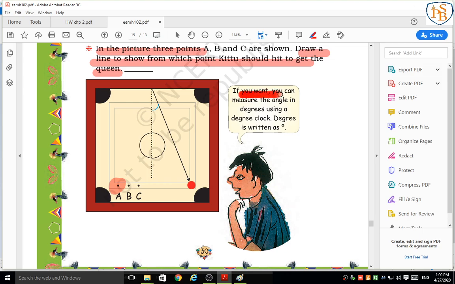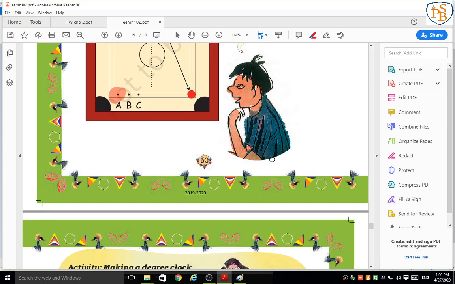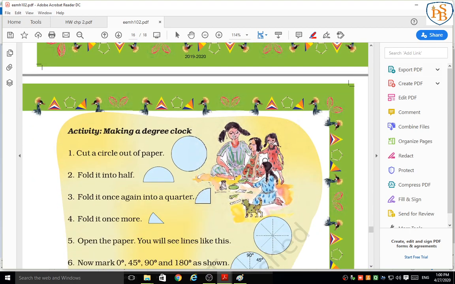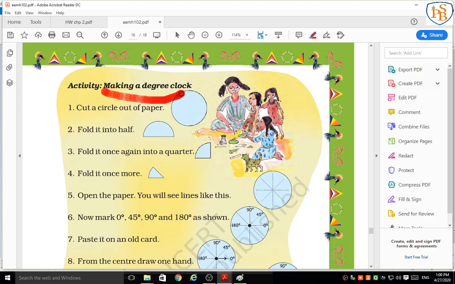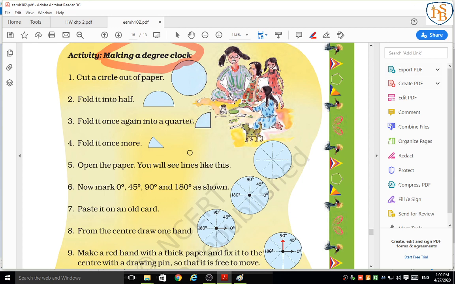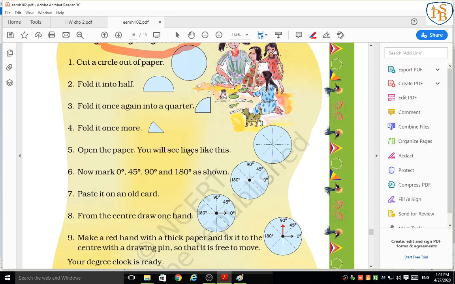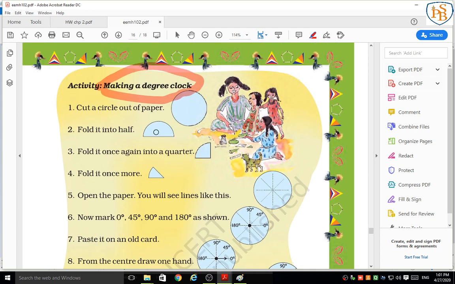Okay, if you want, you can measure the angles in degrees using a degree clock. What is a degree clock? So let's start how to make a degree clock. Before starting our session, I told you we want 2 sheets of paper. Correct, students? From that we are using 1 paper to make a degree clock. Here they are giving the steps.